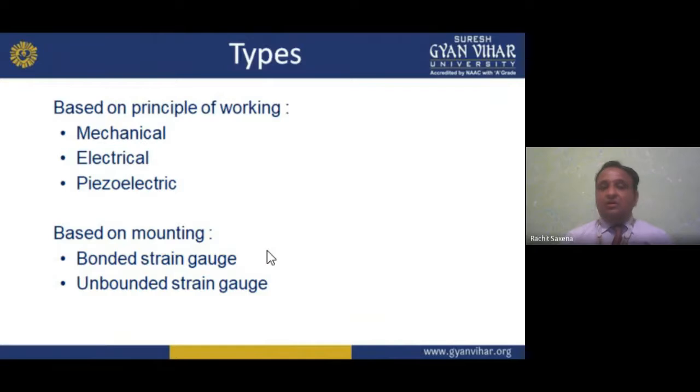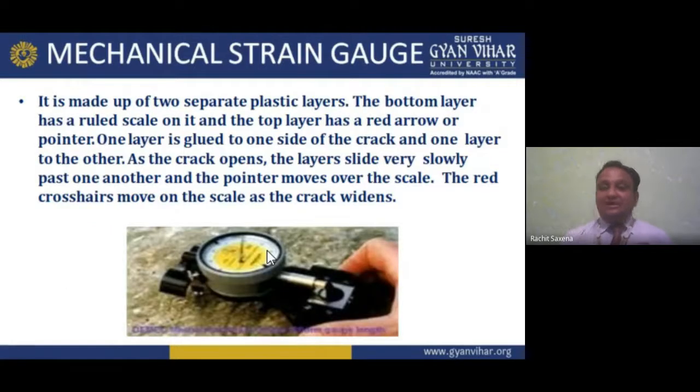Okay. Now, on the basis of working, we have the types. By principle of working, mechanical, electrical, and piezoelectric are easily available, as well as bonded and unbonded strain gauges. So the mechanical strain gauge, as I earlier told you, looks like this.